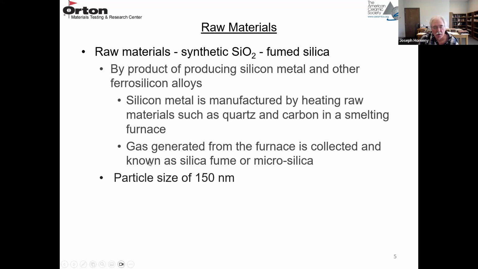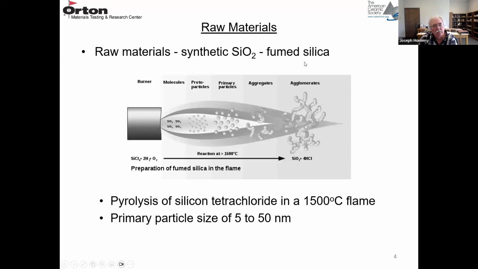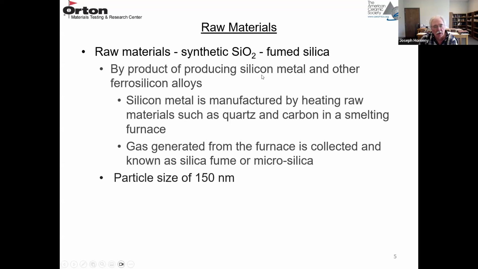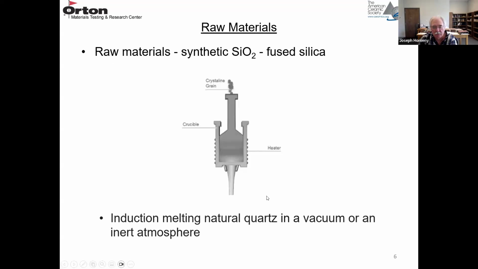So that very fine particle silica is collected and is known as fumed silica. Particle size is on the order of 150 nanometers. So you have a fumed silica from a decomposition reaction, and you have a fumed silica as a byproduct. And again, these are used extensively in castable type refractories. They're highly reactive fine particles.